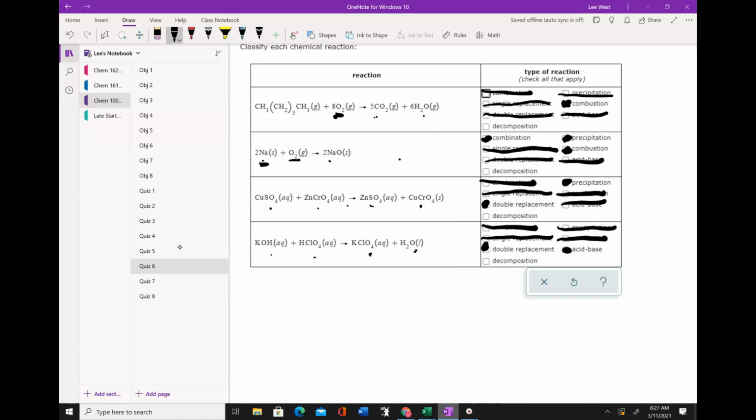Decomposition is where one reactant breaks apart into multiple products. All of our things here have more than one reactant, so none of them are decomposition. So that's probably the trickiest question amongst this set.